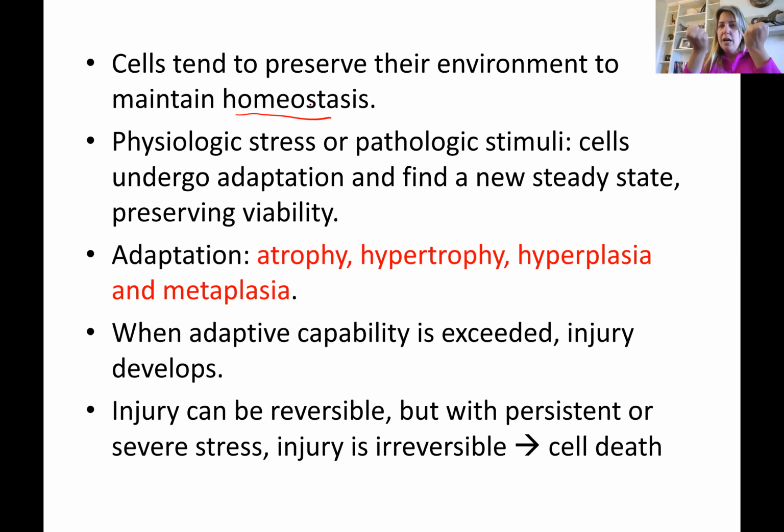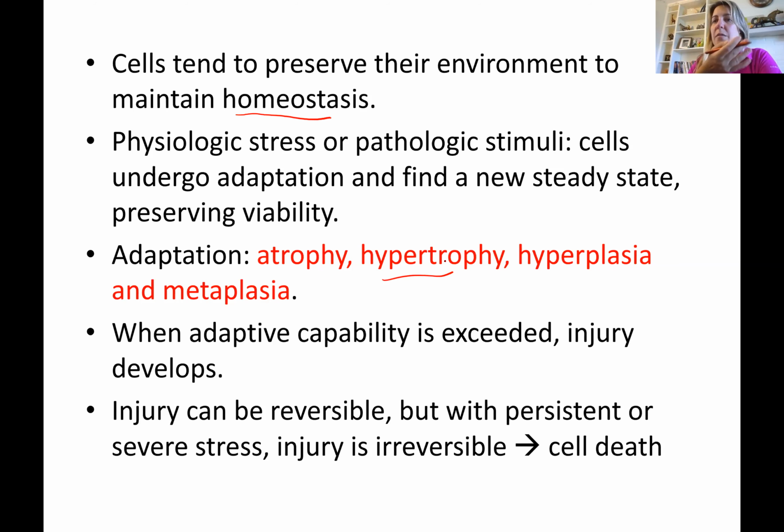If you go ahead and do the 100-pound dumbbell, your cells didn't get a chance to adapt by what we call hypertrophy, which we're going to explain in a second, they are just going to go straight to injury. Okay, and when there is injury, the cells are going to die. And that's the difference. So that's physiologic stress, and then pathologic stimuli.